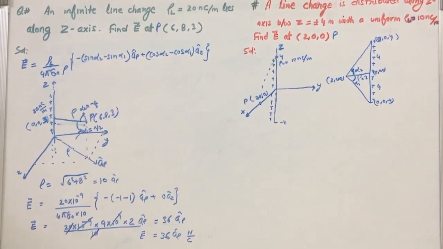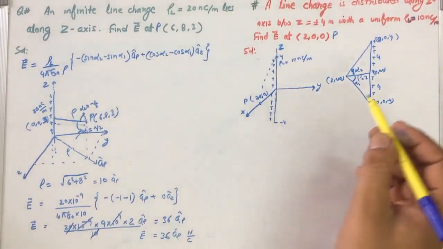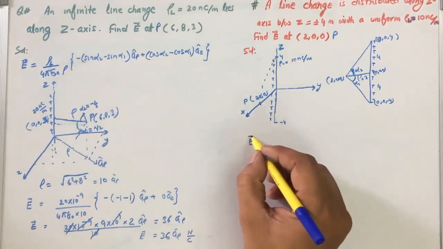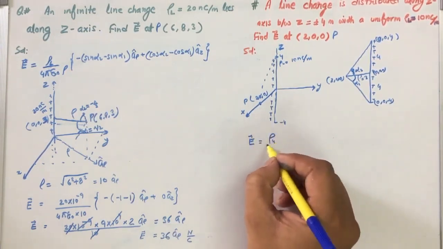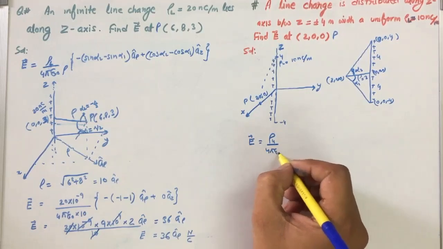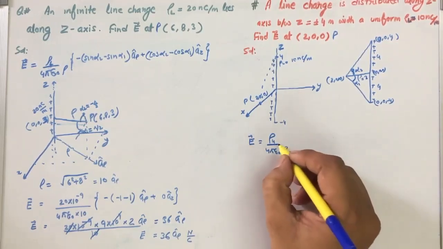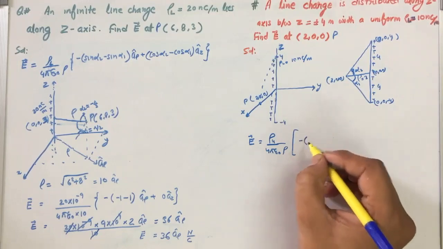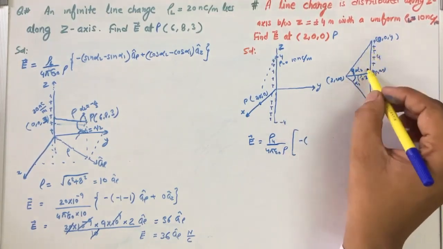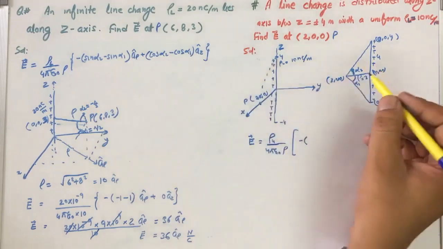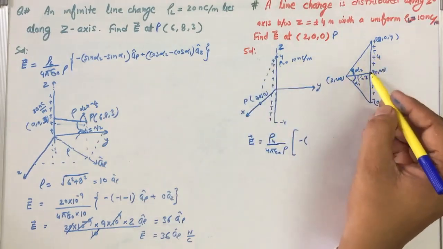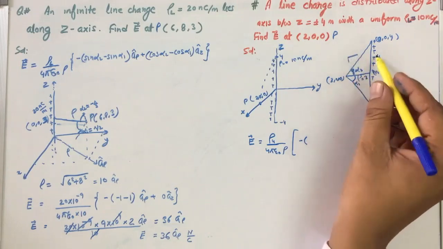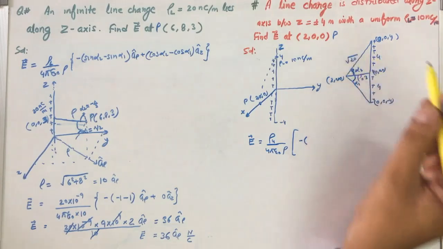Now put the values of alpha 1 and alpha 2 here. E will be rho L by 4 pi epsilon naught rho. Sine alpha 2 will be perpendicular by hypotenuse; this is 2, this is 4, so it should be root of 2 square plus 4 square, that is 20.